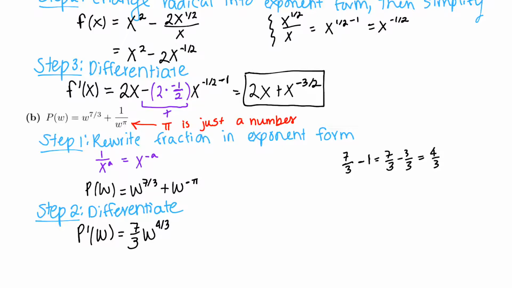But you can do this with anything. If you have 12/7 minus 1, you're really just making this into 7/7 and doing 12 minus 7. So it ends up being the numerator minus the denominator over the old denominator. 12 minus 7 over 7, so 5/7.